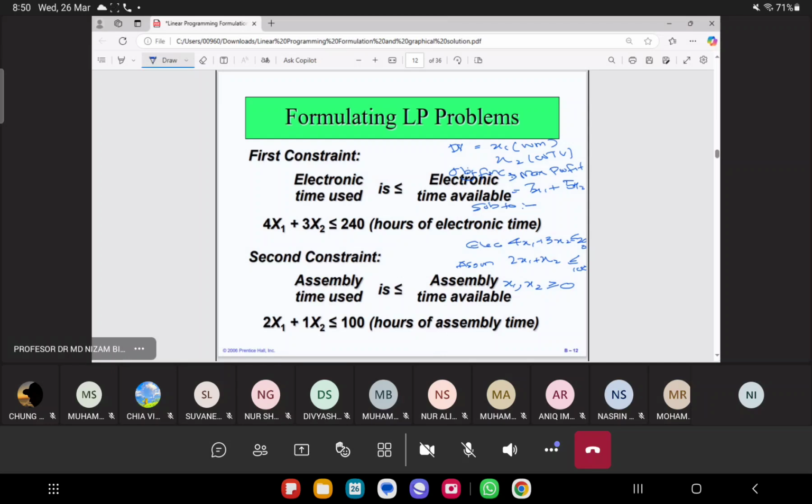So this is the complete linear programming model. Okay. Any questions? No? All right.